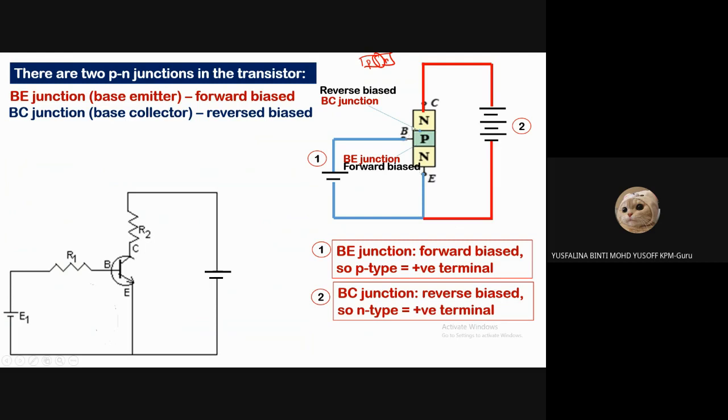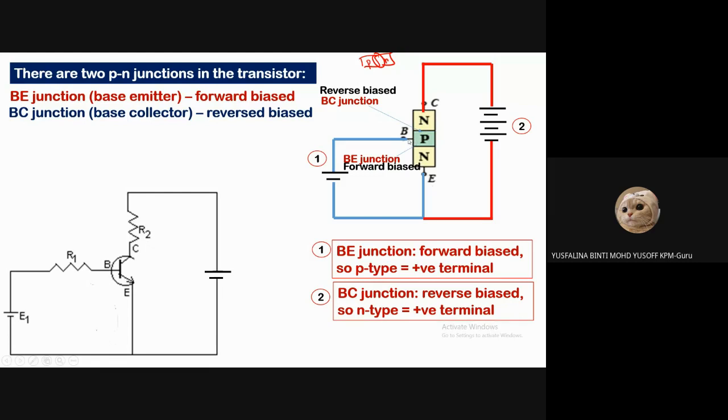How about B to C? B to C, you can see here is negative, N type. This one is positive. So positive meets with negative. What will happen? Reverse bias. So remember, at the base there must always be forward bias.